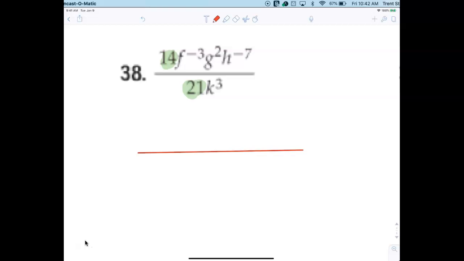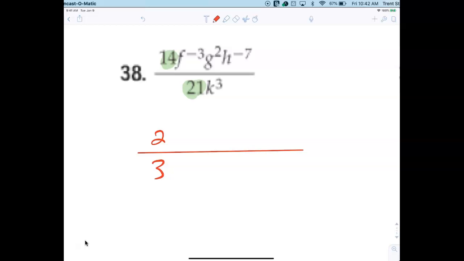Well, yep, so that becomes 14 divided by 7 is 2. 21 divided by 7 is 3. And if you're real nervous about it, just type it in the calculator and make sure you're good. Reduce the fraction. All right, now tell me about the variables.